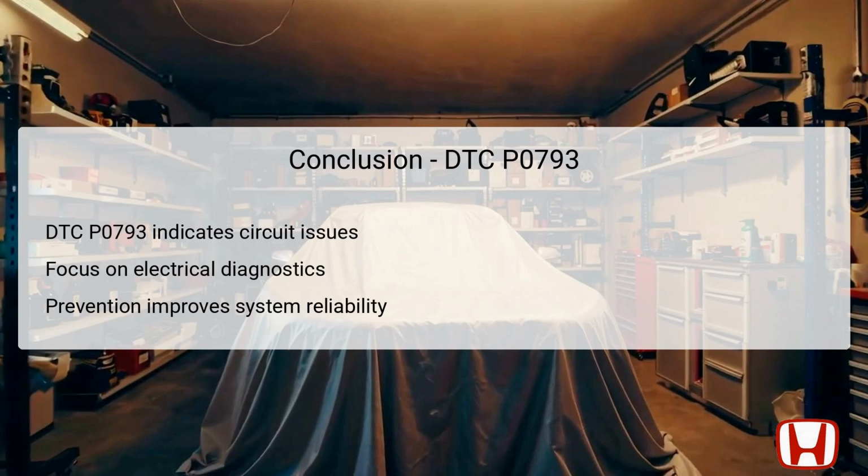By understanding the purpose of the sensor, identifying possible causes, and following detailed troubleshooting steps, mechanics can effectively resolve the issue. Furthermore, routine preventive maintenance can significantly enhance system reliability and reduce the likelihood of similar DTCs arising in the future. Awareness and proper care will ultimately ensure a smoother driving experience for Honda Civic owners.